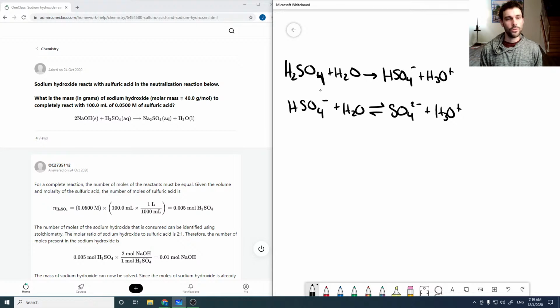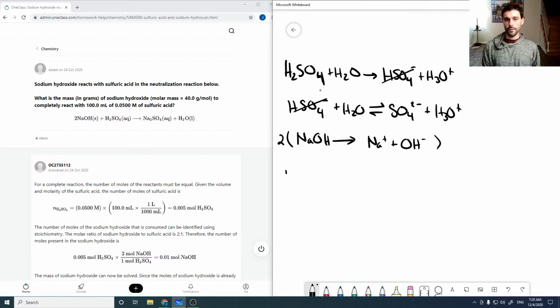And sodium hydroxide is a strong base, giving us Na plus and OH minus. So if we sum up these reactions here, we would cancel this, and we would need 2 times the OH minus to balance. There are 2 H3O pluses here, and so we would multiply this by 2.